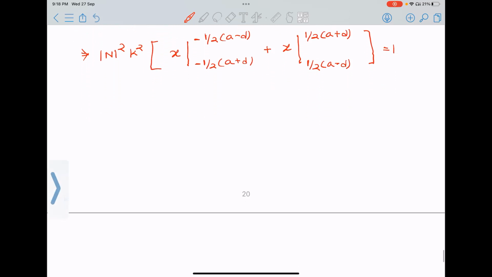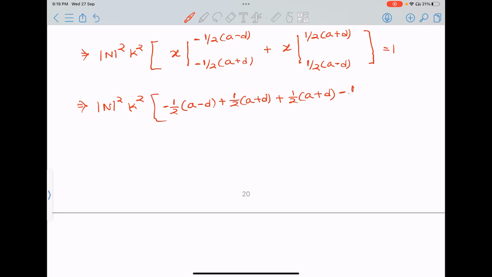So next step, it is mod n square k square. So the first value will be put. Let me take minus half as common. Then it is a minus d, then minus of this, so plus half of a plus d. Then here also half of a plus d minus half of a minus d. So this will be 1.